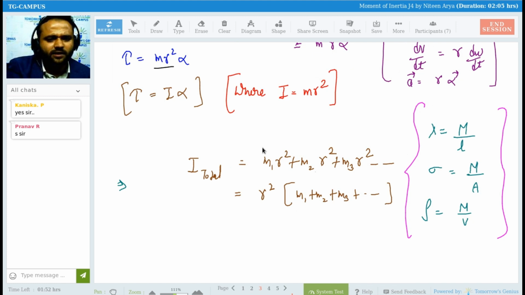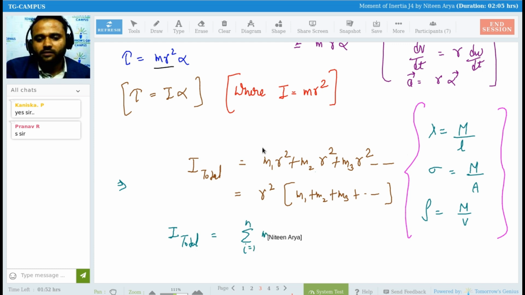That is simply what we have done until now: total I equals the sum from i equals 1 to n of m_i r square. That is for a single circular path.